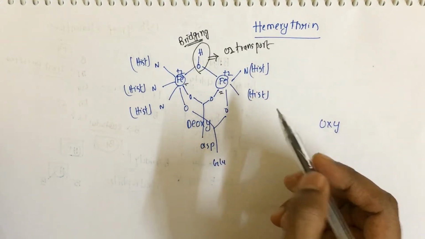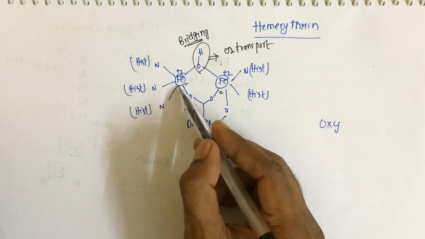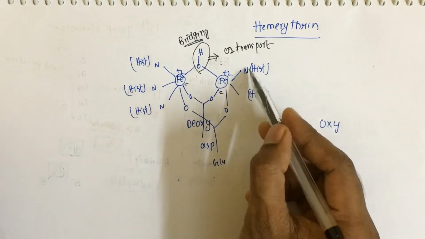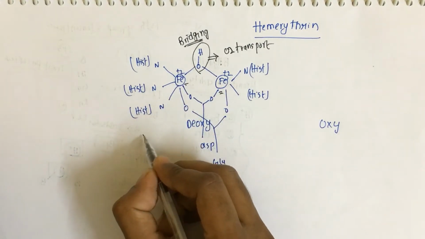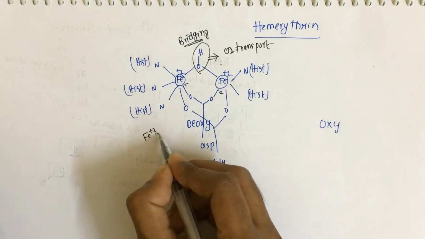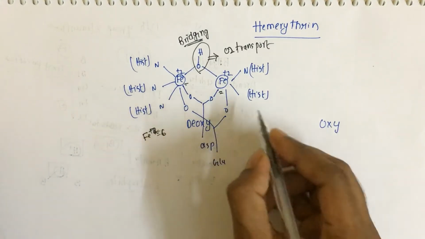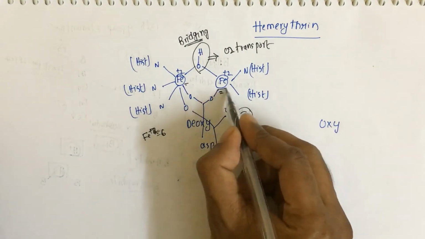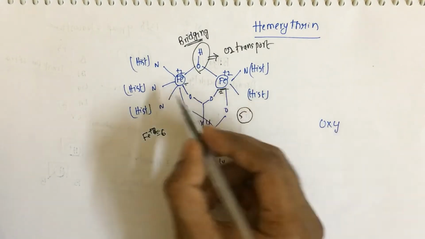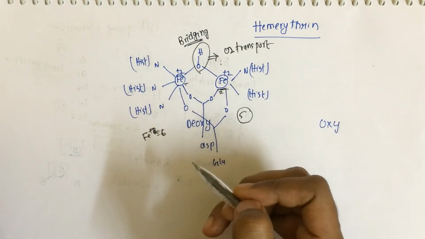And then the next point is one iron atom is hexa coordinate, another iron atom is penta coordinate. Here the iron coordination number is 6, and here it is 5. Oxygen will bind to the iron which has 5 coordination, not to the iron which has 6 coordination.